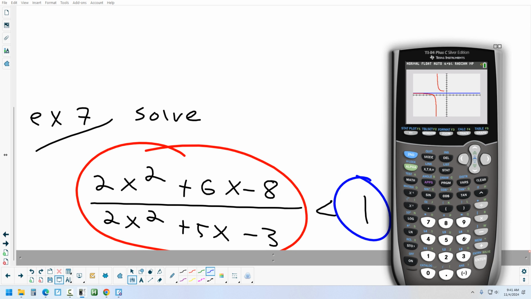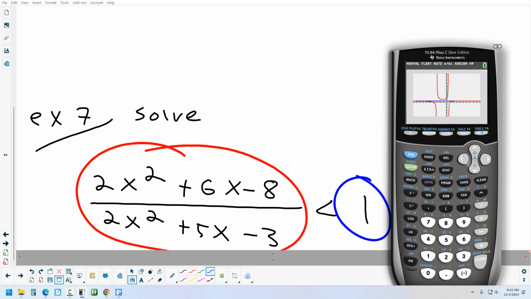Okay, so I'm going to set my Ymax just a little higher, so I think we can see something a little better. So there's my line at 1, and then here's the left side, there's the middle, and the right side.